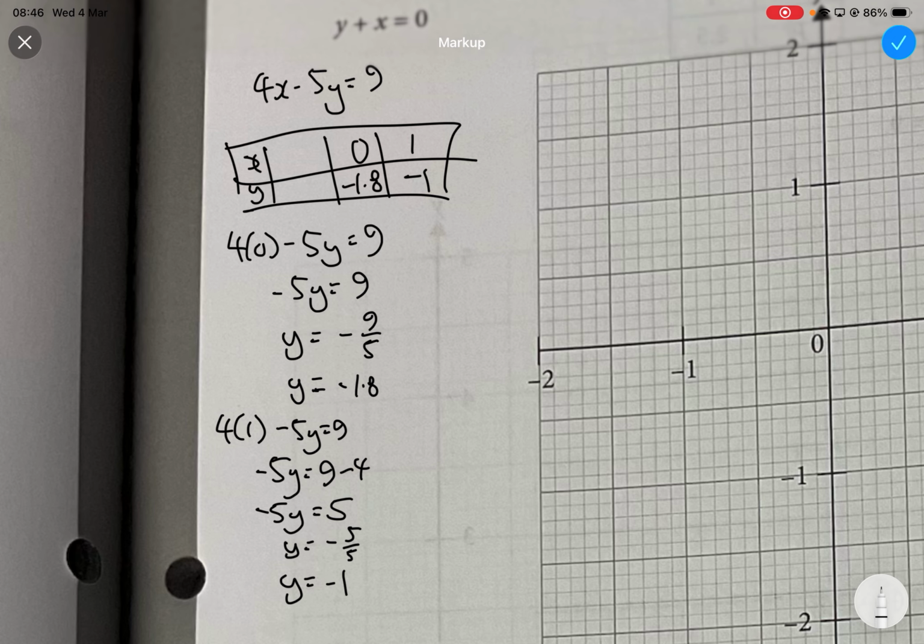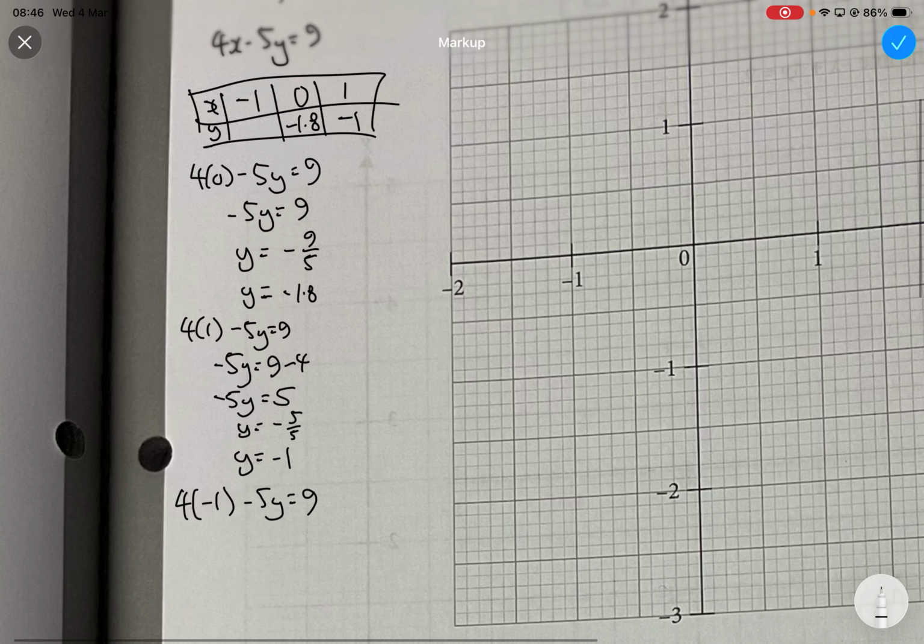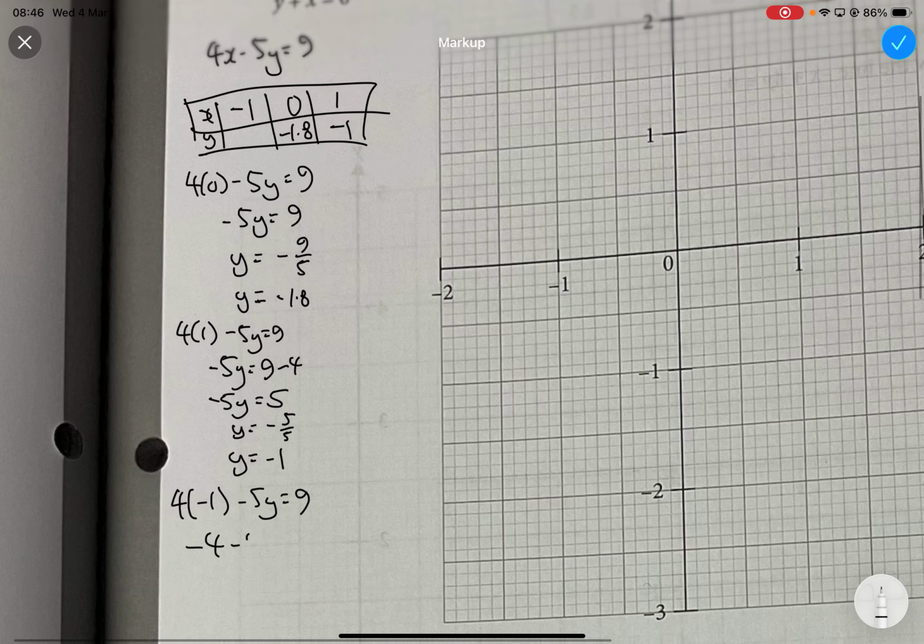4 times 0 is okay, so the other one I choose negative 1, more balanced. Negative 4 minus 5y equals to 9. 9 plus 4.